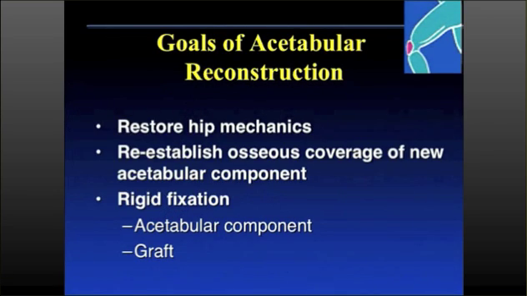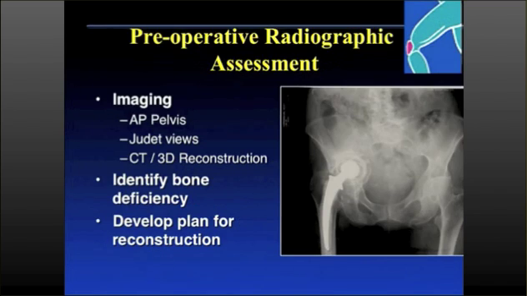So what are our goals for reconstructing the acetabulum? It's threefold. Number one, to restore the hip mechanics, to find that center of rotation. Two, to reestablish the bony coverage of the new acetabular component. And number three is to achieve rigid fixation of both the acetabular component as well as any structural graft that you may use. So when we assess these patients preoperatively, we start with some imaging, and commonly we get an AP pelvis view.